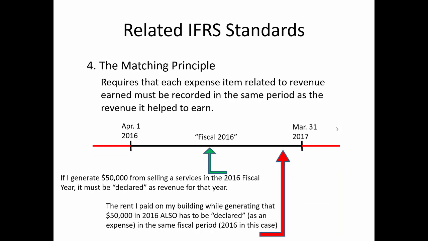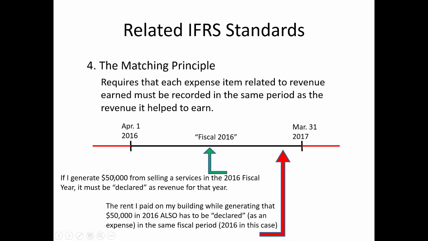The last one we're going to look at is the matching principle. When we talk about matching, we're talking about matching expenses and revenue, not just any expenses and revenue, but matching expenses with the revenue that those expenses generated, which sounds a little bit like gobbledygook, but I'm going to explain.